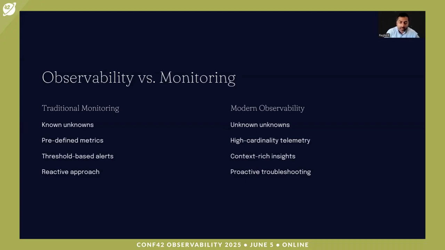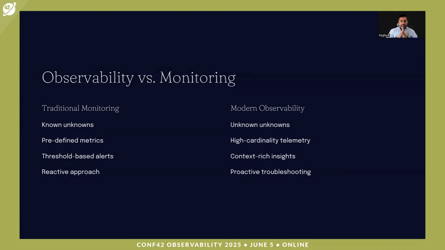The key differences are that observability deals with the unknown, uses more comprehensive data, and provides deeper context to drive faster problem solving. Observability gives you a more complete picture of your systems, allowing you to be proactive rather than just reacting to the issues.